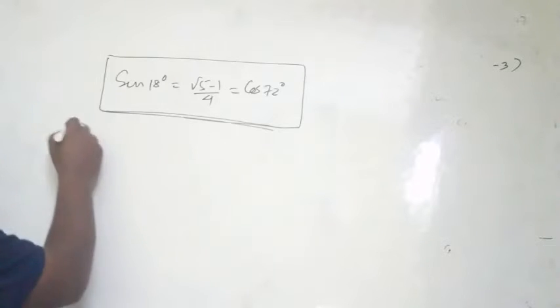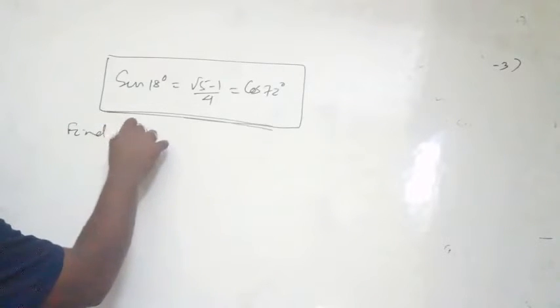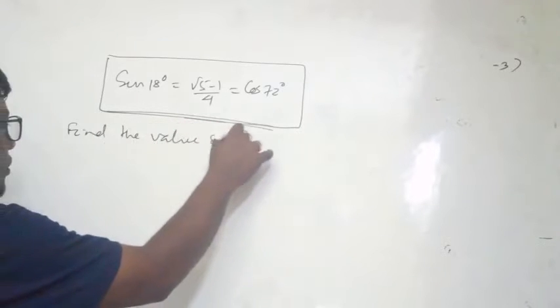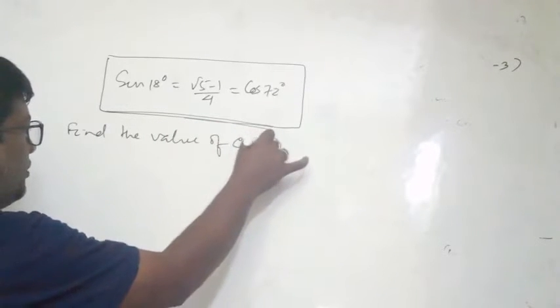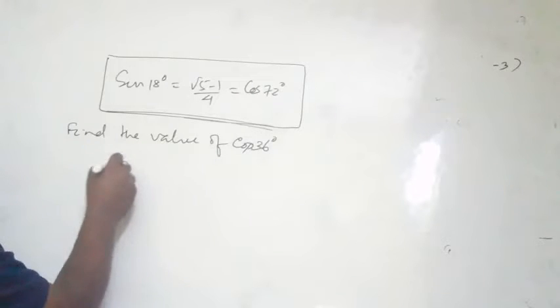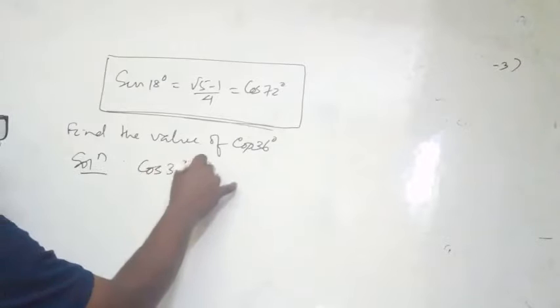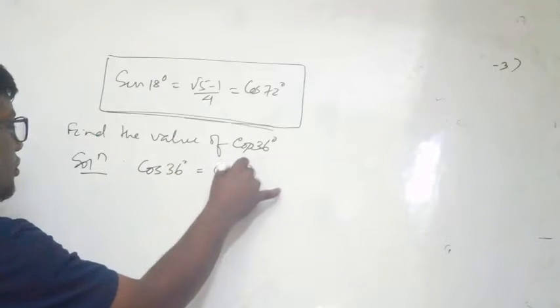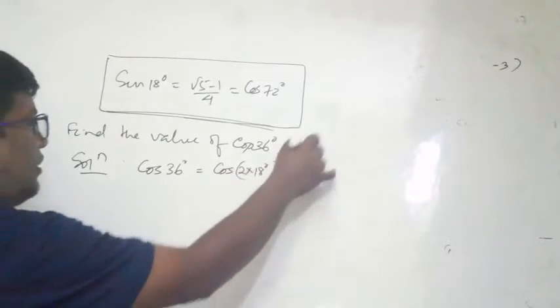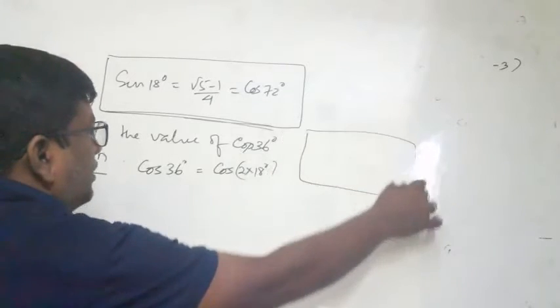Find the value of cos 36 degree. Solution: cos 36 degree is equal to cos 2 into 18 degree. What is the cos 2 theta formula in terms of sin?